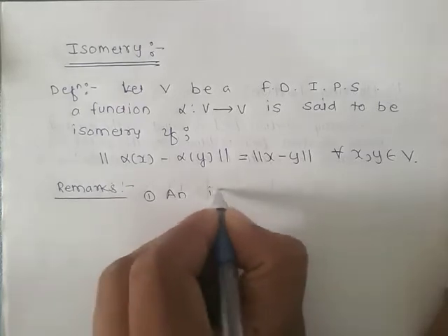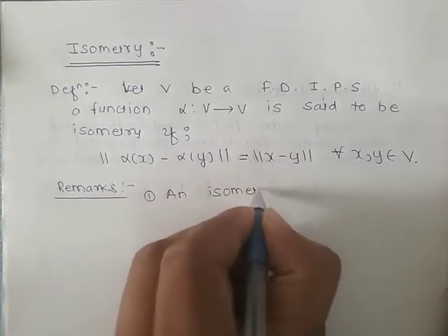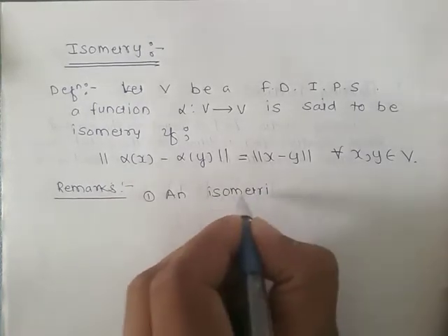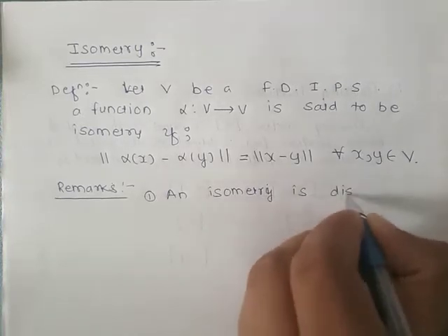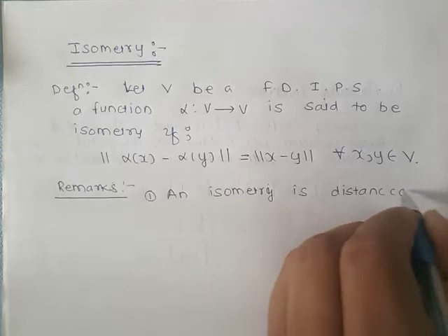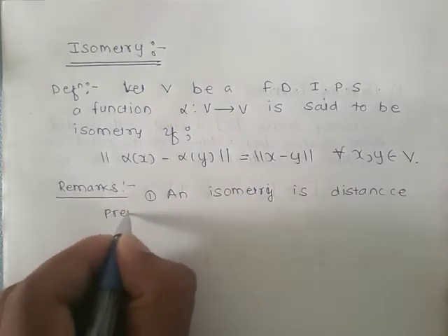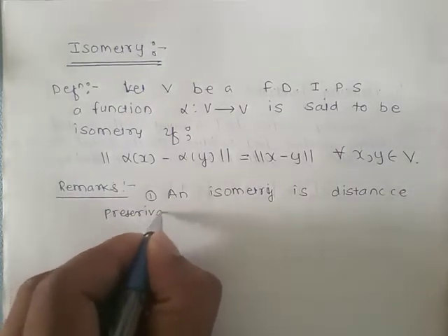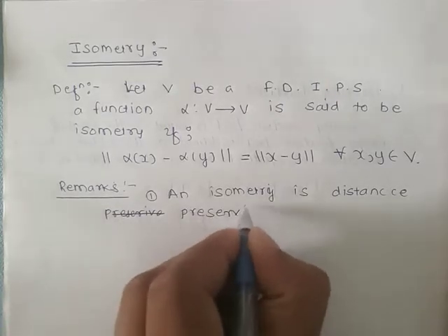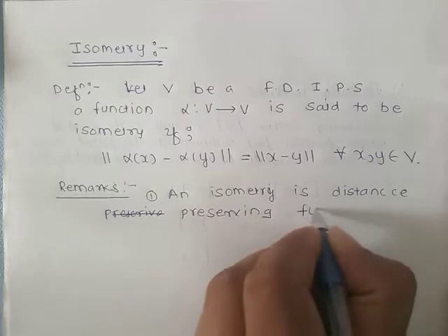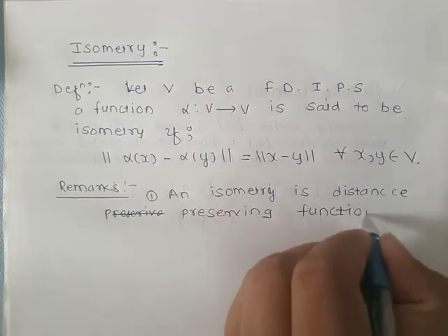An isometry is a distance preserving function.